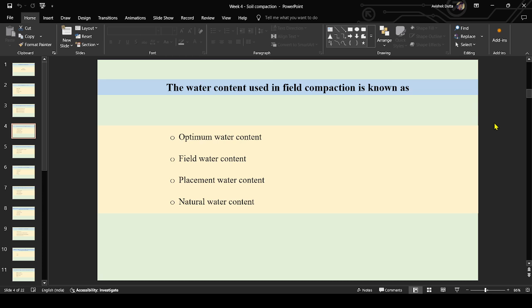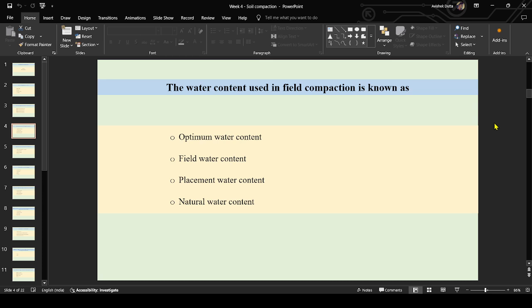Even if other options might mean the same, there can be other questions where many options might mean the same. I'll be asking about the particular terminology, what it is called in standard practice. So here I have asked, the water content used in field compaction is known as.